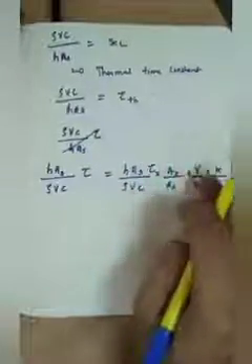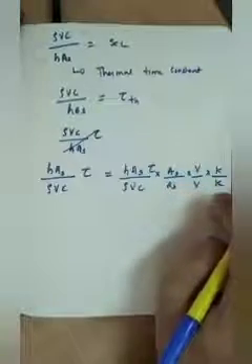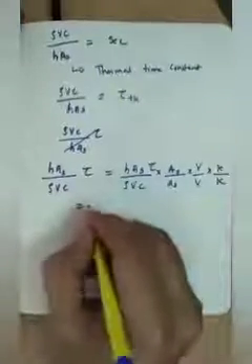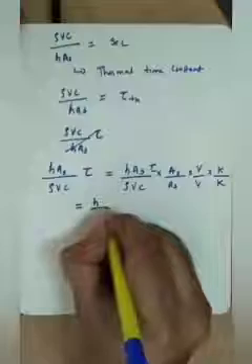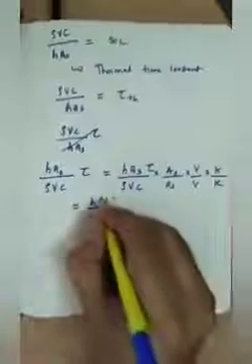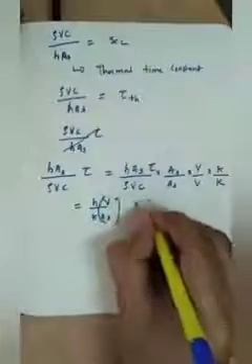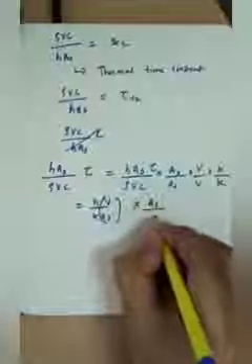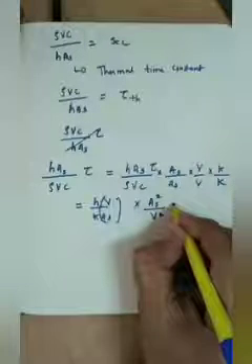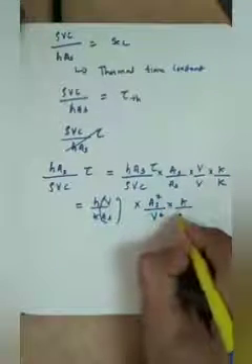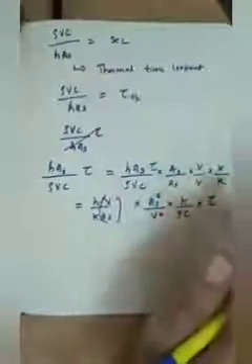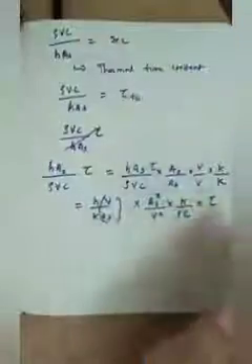Now I am just rearranging the terms: H into K by surface area into V, that is V by surface area, into surface area by V square, into K by rho C into tau. Just go through this, you will understand the rearrangement.